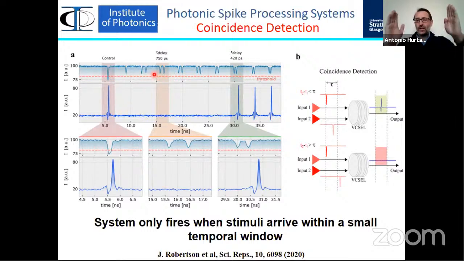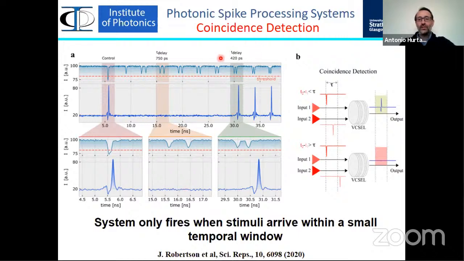If we send multiple signals with certain time delay between them, albeit small, if this time delay is far enough that the energies of the two input signals don't add up together, the system will not fire a spike, as is the case indicated here. These two signals are separated by 750 picoseconds, but their combined energy is not enough to go over the threshold, so no spike is fired.